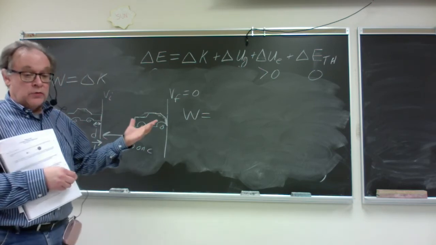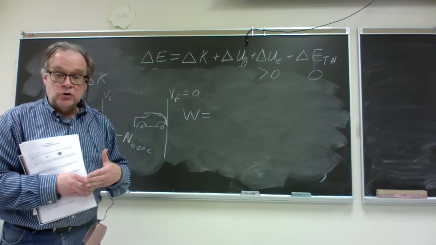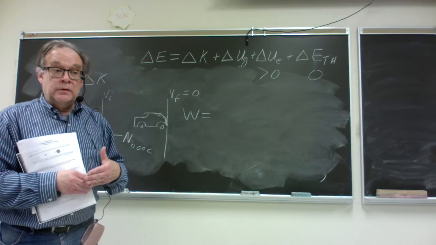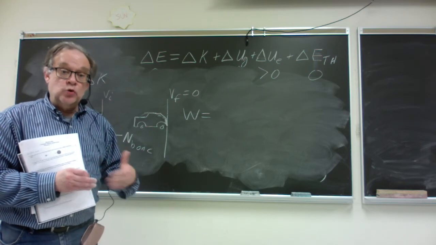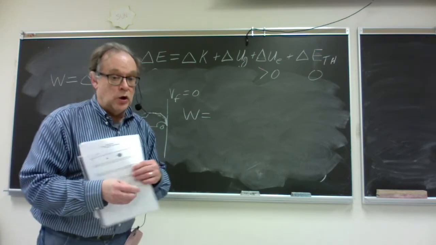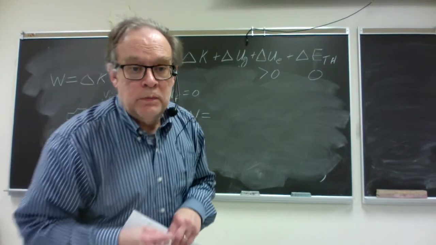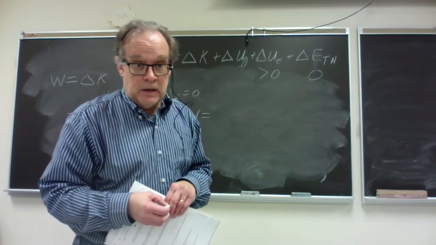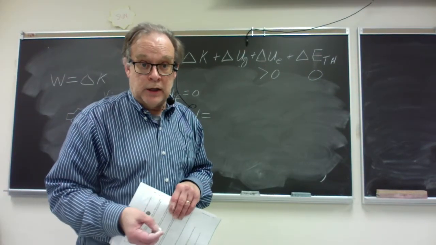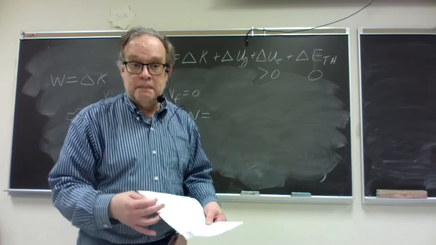Actually, the net work done on the car will just be the work done by this force here. We're using the impulse approximation, where in some kind of a collision, the forces between the two colliding things are the only large, significant, important forces at all. So the net force on one of the colliding objects is just that collision force that it's feeling.